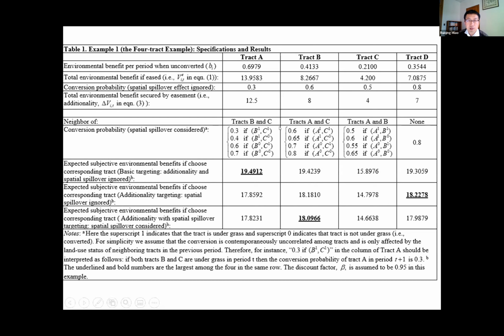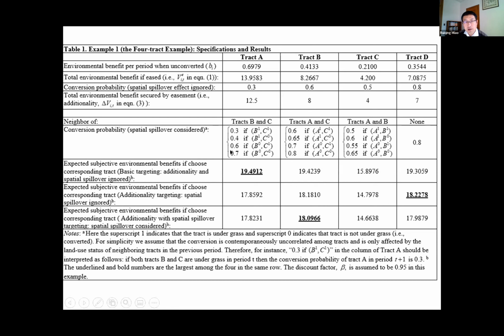But if parcel B is under grass and parcel C is converted, then the conversion probability of tract A is 0.4, and so on. By doing this, we consider the spatial spillover effect.